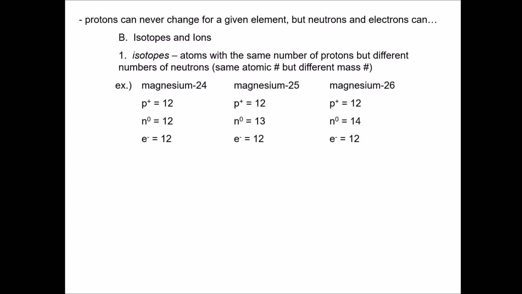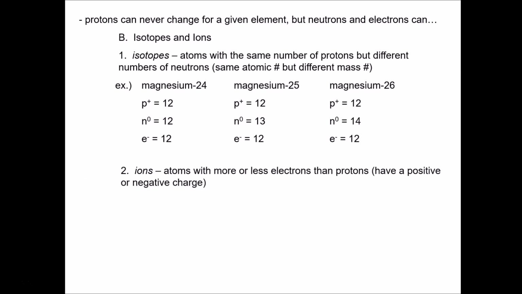But what if the electrons weren't the same as the protons? What would you call that? You call that an ion. An ion is an atom that actually has more or less electrons than the protons. So in other words, the electrons and protons are not equal. And if that's the case, that means your negatives and your positives aren't completely canceling each other out.